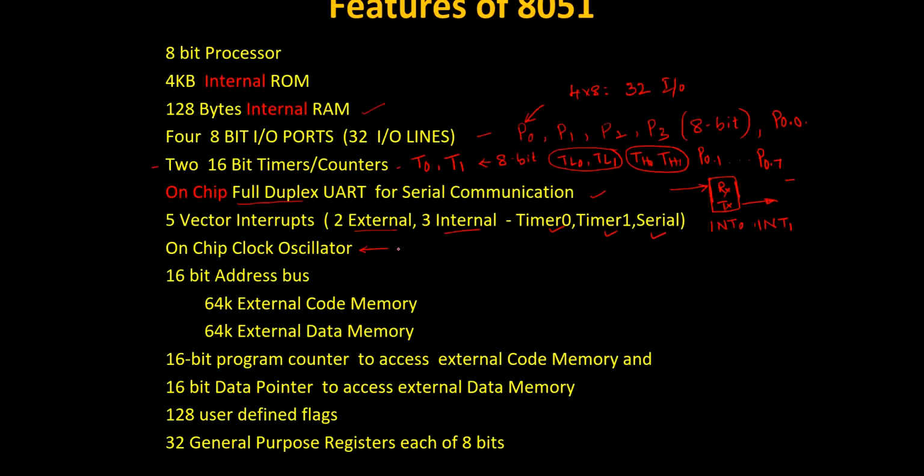Probably we use a crystal oscillator with a frequency of 8 megahertz to 40 megahertz, depending upon the processor. For 8051 we are probably using a 12 megahertz crystal frequency.